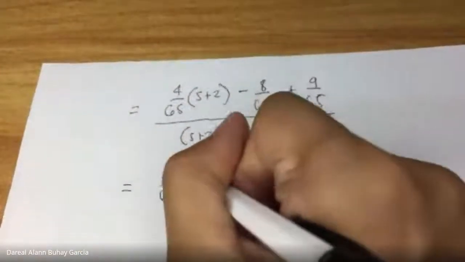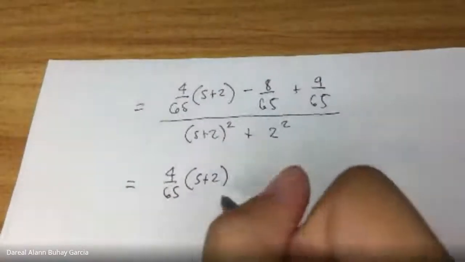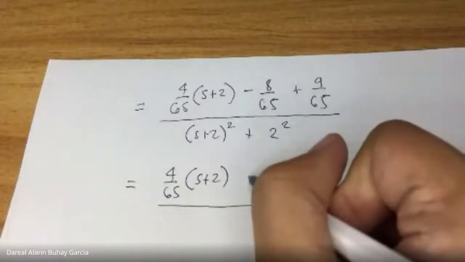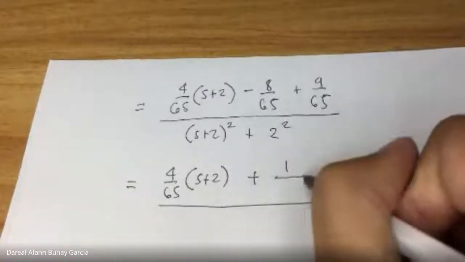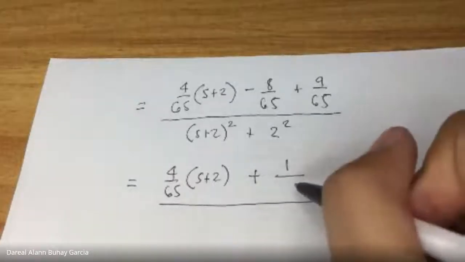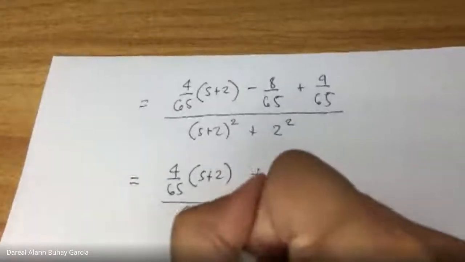That gives 4 over 65 times S plus 2, plus 1 over 65, over S plus 2 squared plus 2 squared.